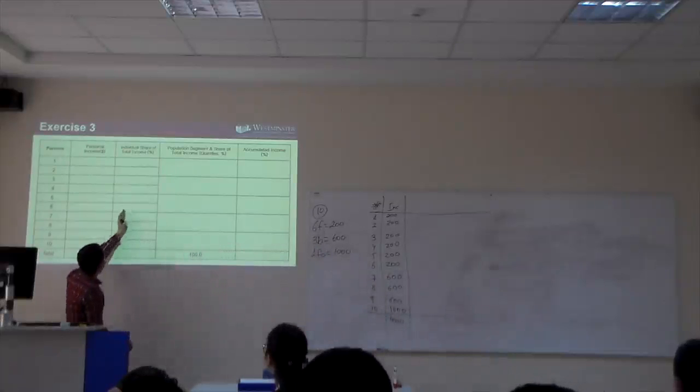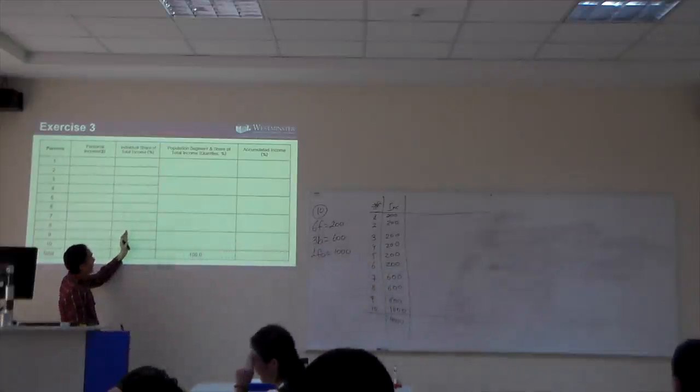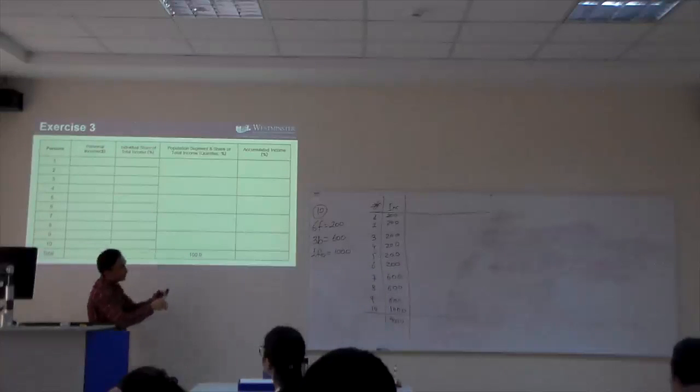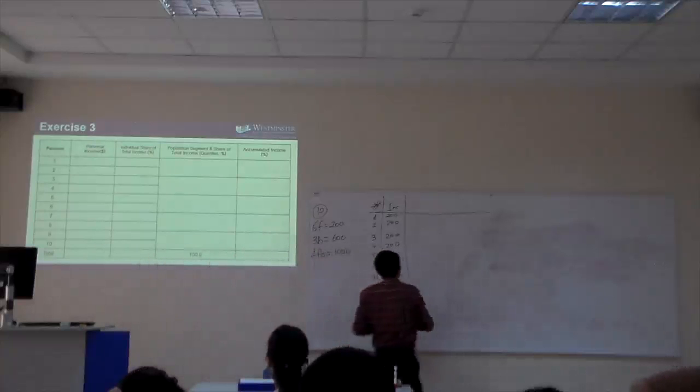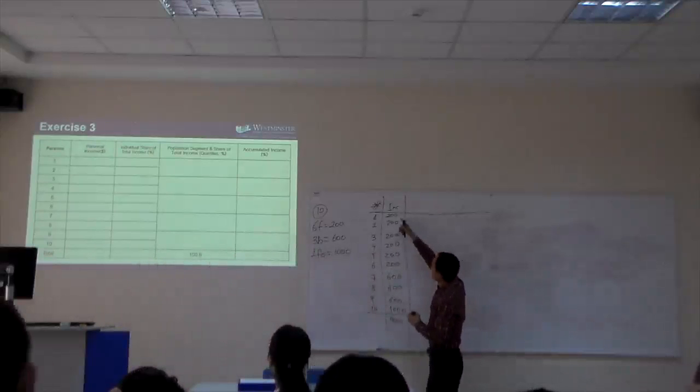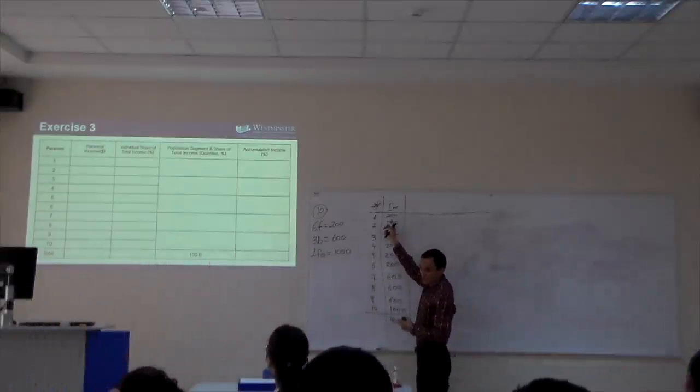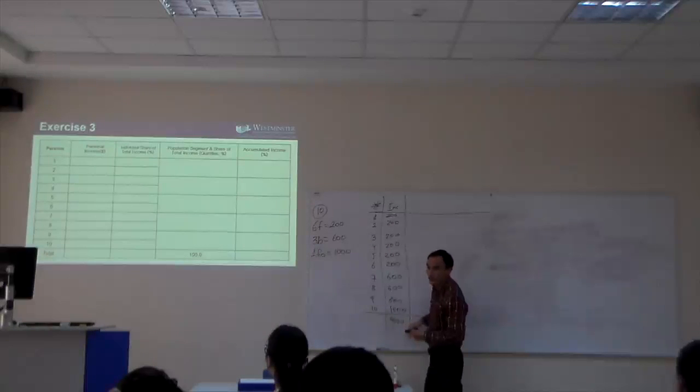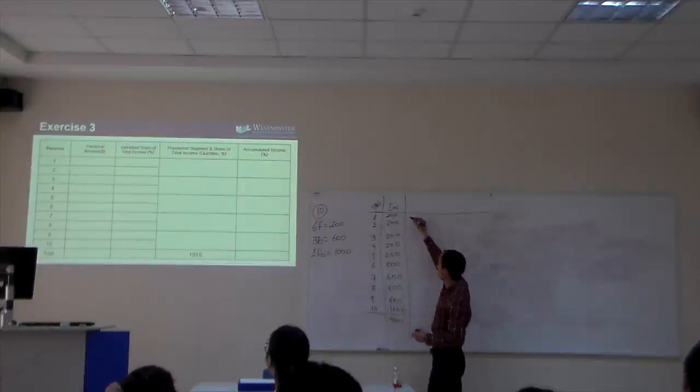And now column 3. Now we have to find each individual's income share in total. So how do we find it?